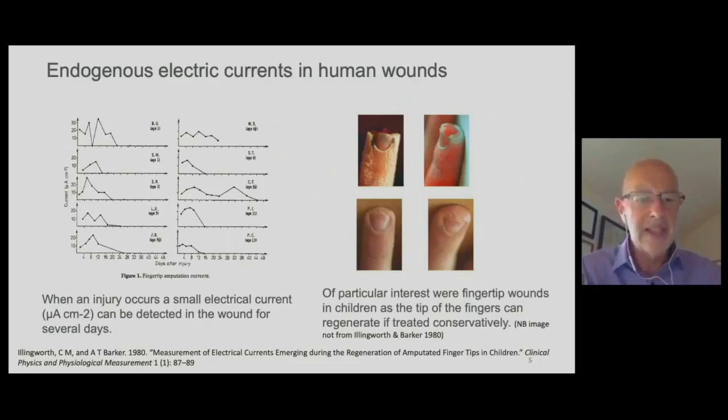They analyzed 10 different children and looked at the fingertip injuries and showed that there was a really distinct small electrical current in the region of microamps per square centimeter of wound area, and it could be detected in the wound for several days.